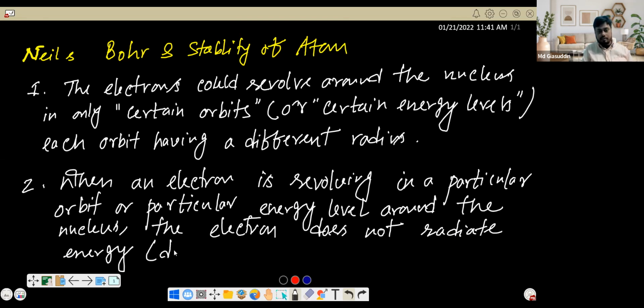That is, it does not lose energy, even though it has accelerated motion around the nucleus.